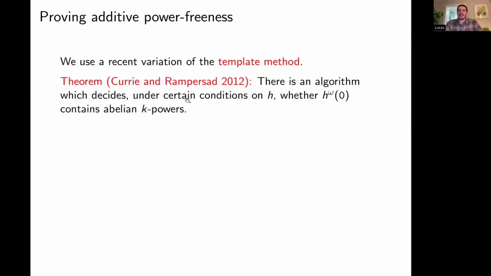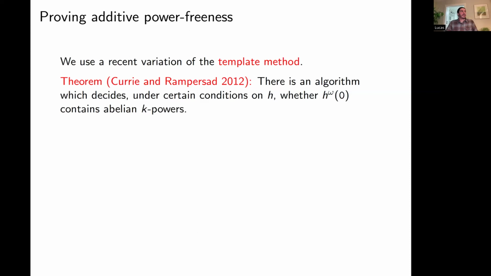I'm not going to describe the conditions here, but you can look them up if you're interested. That was the first decision algorithm for abelian powers. It used this template method, which had been used in an ad hoc way before.